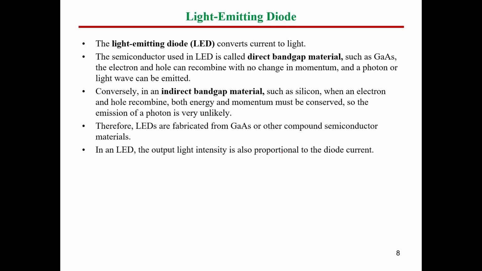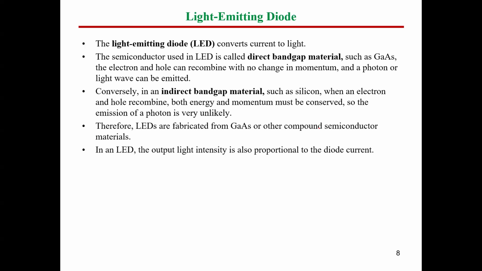What about indirect band gap material, like silicon? Conversely, in an indirect band gap material such as silicon, when an electron and hole recombine, both energy and momentum must be conserved, so the emission of photons is very unlikely. So the idea here is that if the material itself is a direct band gap material, it can recombine and generate photons or light.